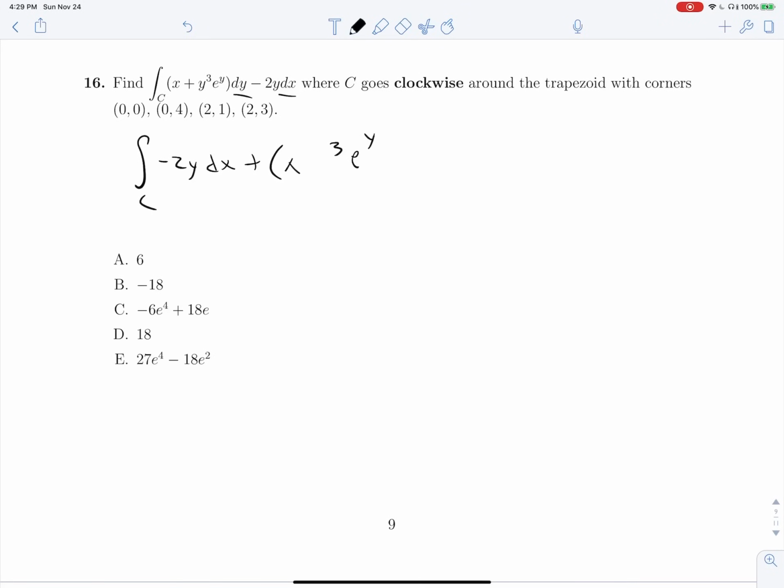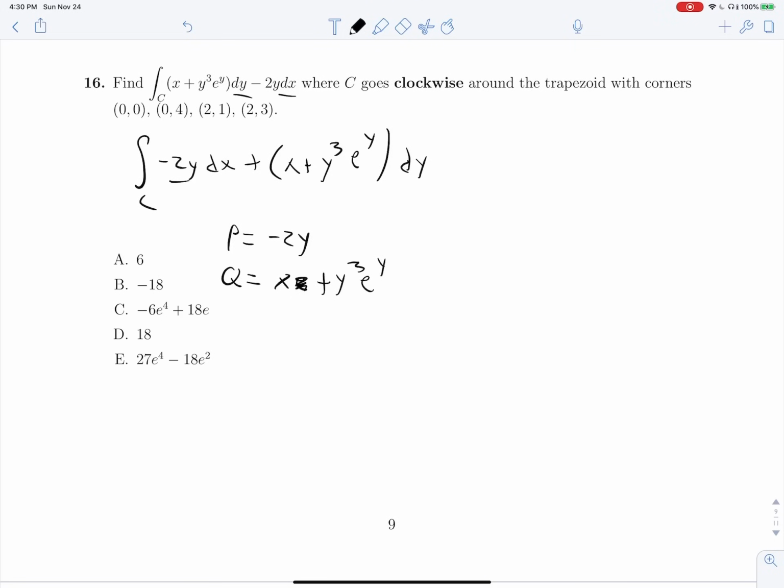Oh, this is supposed to be a y. And we can assign our p and q. Our p is just going to be negative 2y, and our q is going to be x plus y cubed e to the y.